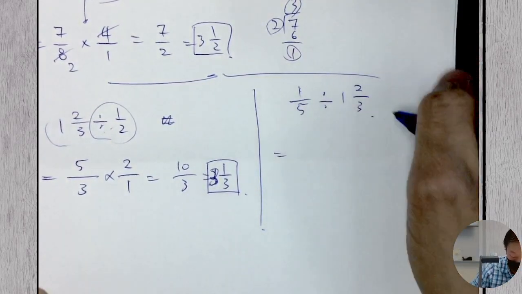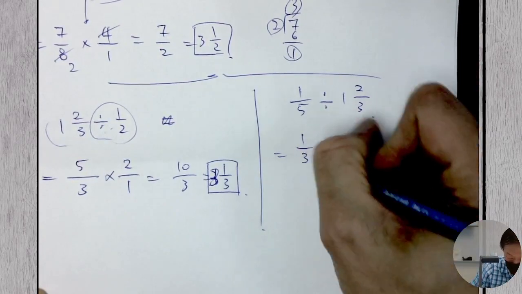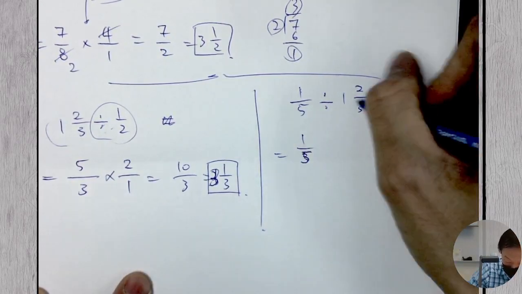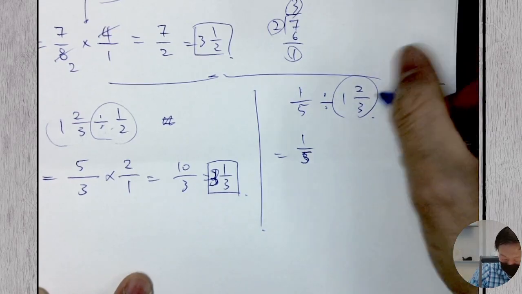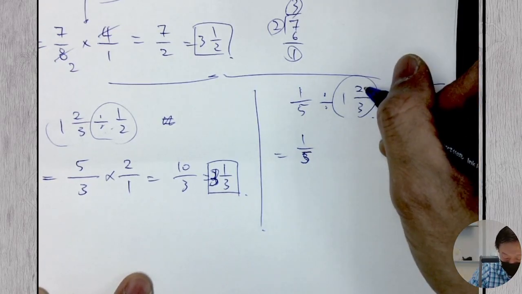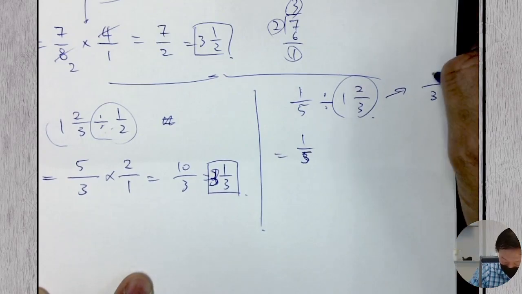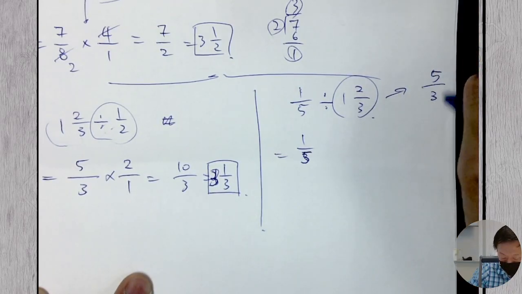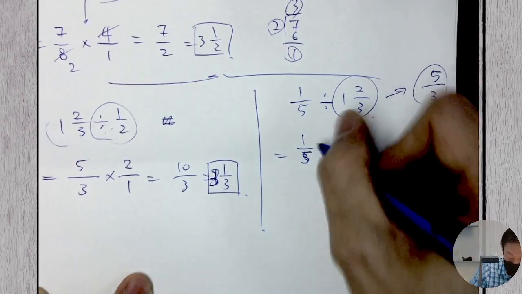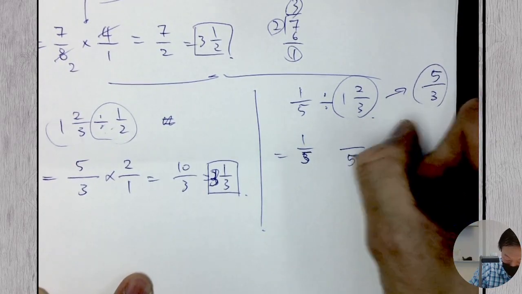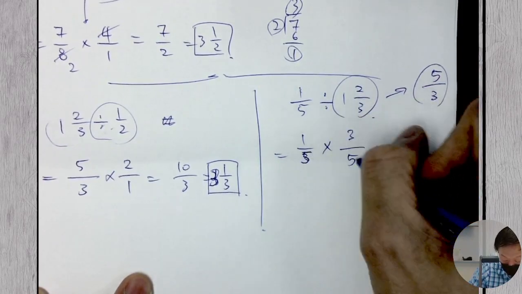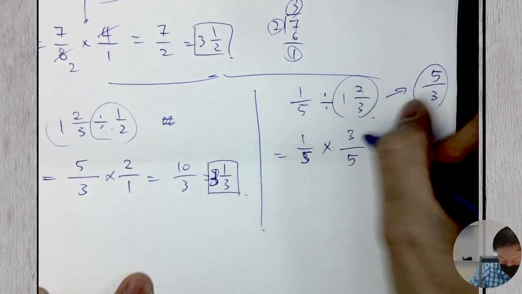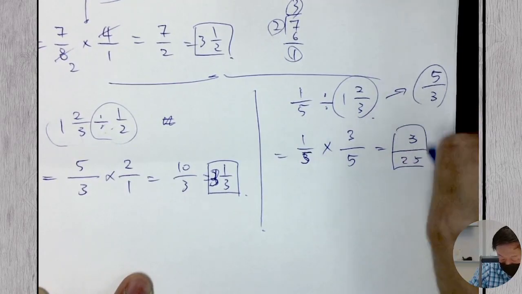Well, you turn it into an improper fraction first. That would be 3 full parts plus 2 fraction parts, so 5 over 3. Therefore, making it walk on its hands would be 5 on the bottom and 3 on the top. This will be multiplied. 1 times 3 is 3, 5 times 2 is 10. That's my final answer.